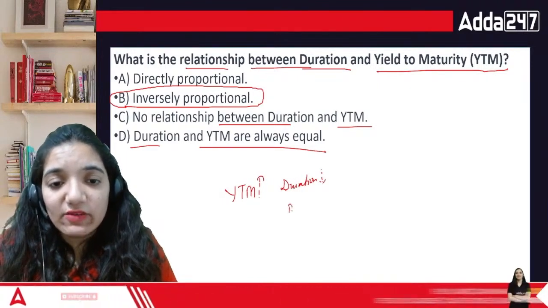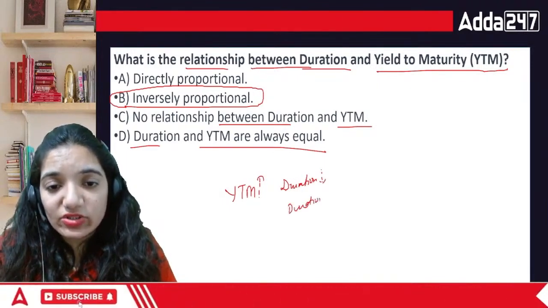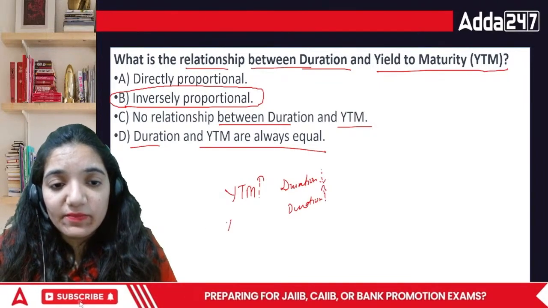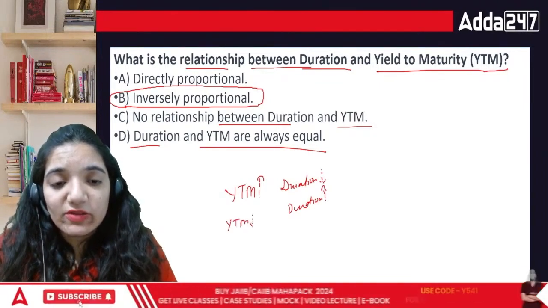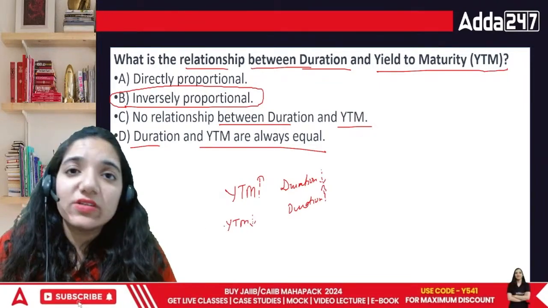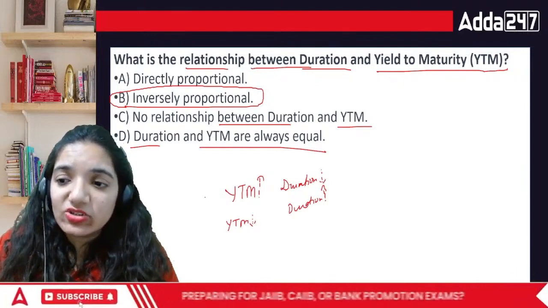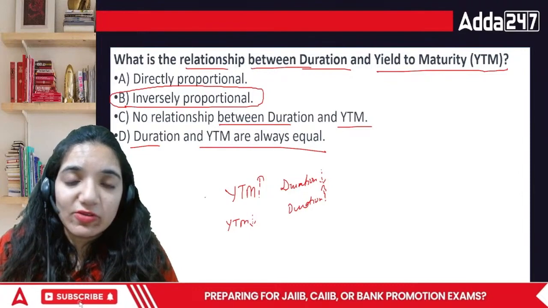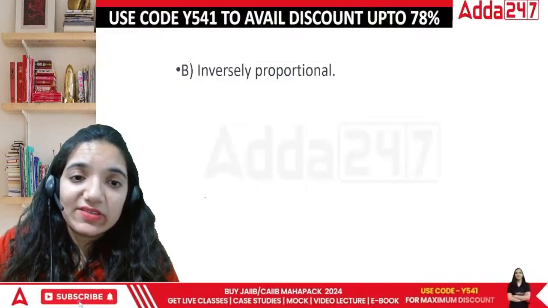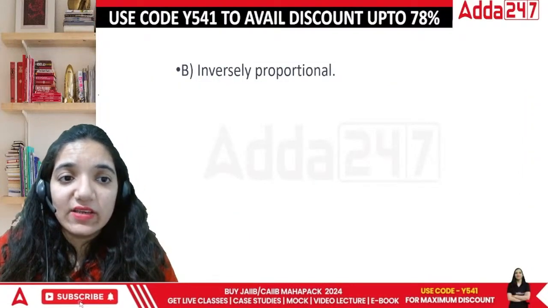Vice versa, if you increase your duration, the YTM would be lesser. If you look at long-term loans, the interest rate is less than that of short-term ones, because in the short term you're in dire need, while in the long term you are not. So technically, they are inversely proportional.